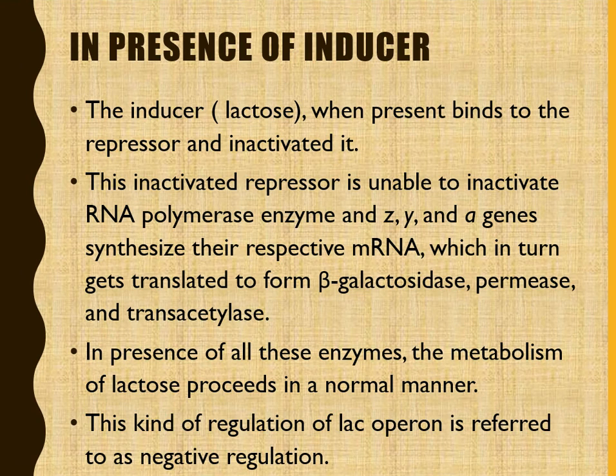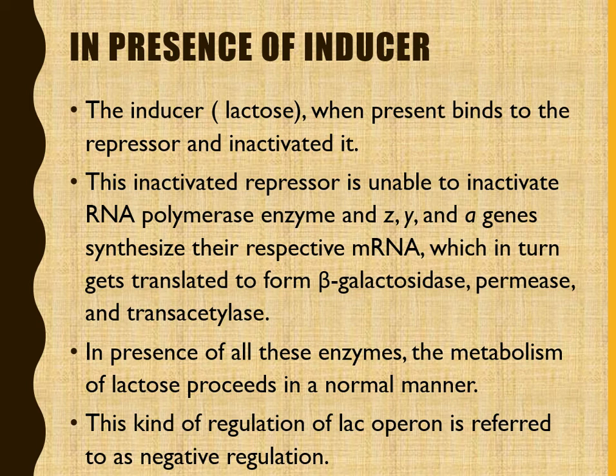Now first we will be discussing the presence of inducer, or we can say when lactose is present. Lactose acts as an inducer which binds to the repressor and forms an inactive repressor. The repressor fails to bind to the operator region.